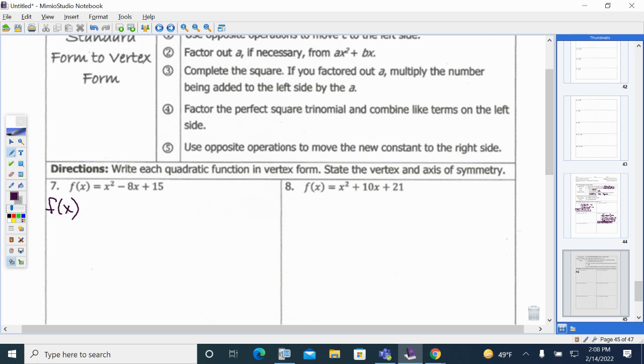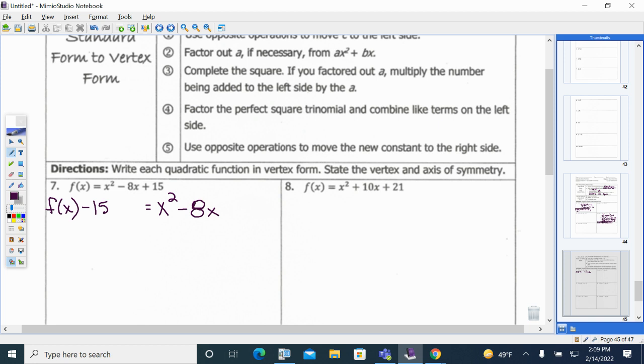We just want to get it out of the way, so we move it by using subtraction. I'm going to leave a little space here, because remember with completing the square, we add something to both sides. We're going to continue that theme.